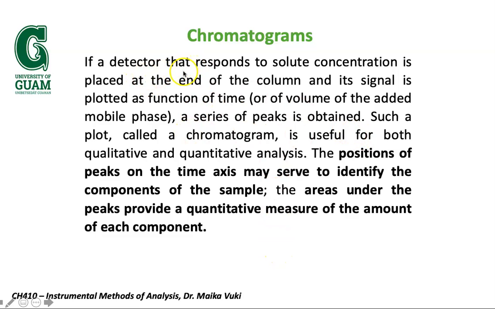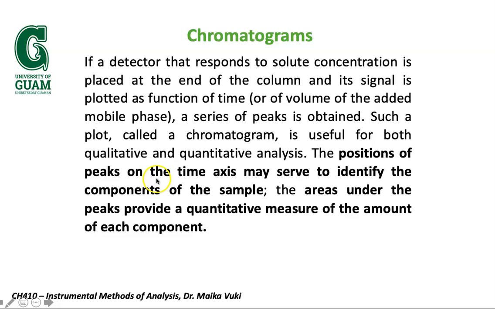What we have at the end of a chromatographic analysis is a chromatogram. A chromatogram is a plot of either the height or the area of the peak as a function of the retention time.